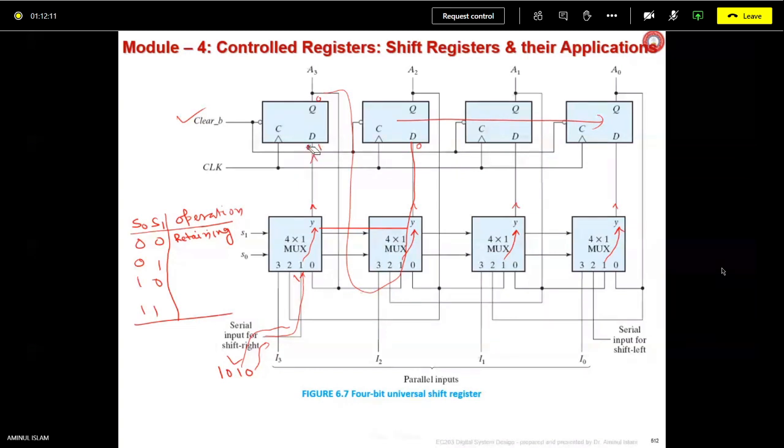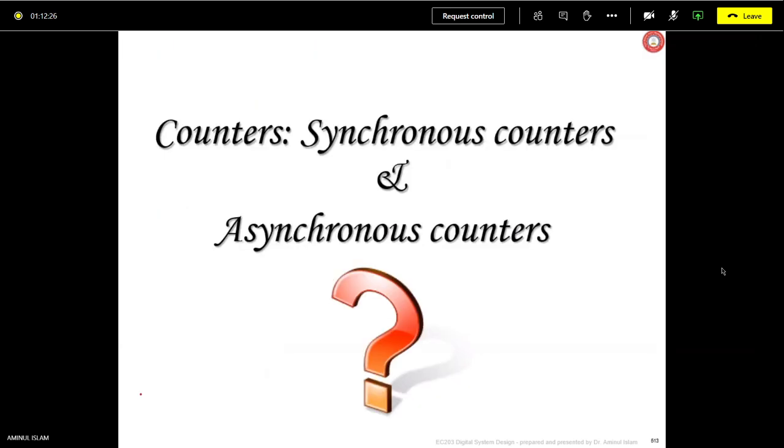On the next clock edge, the 1 is going to be stored here, and the 0 that was stored earlier will be stored here. So in this way it is going to shift from left to right. We have discussed this earlier. So this is all about your shift registers; all kinds of shift registers we have discussed.